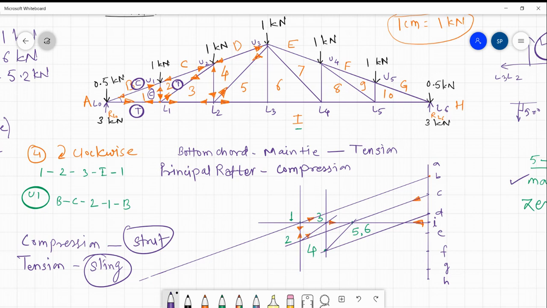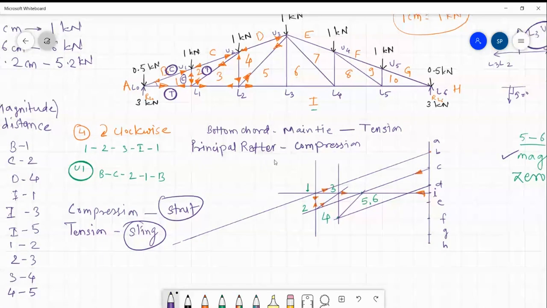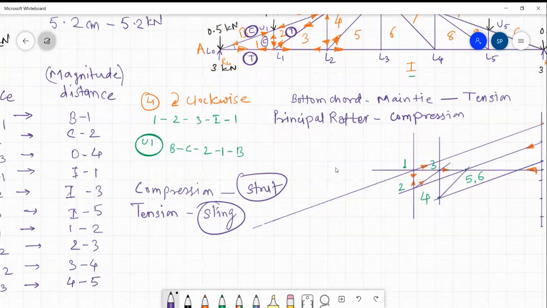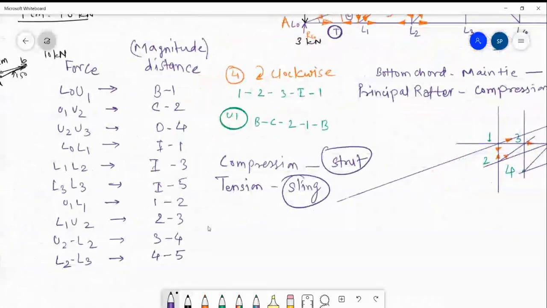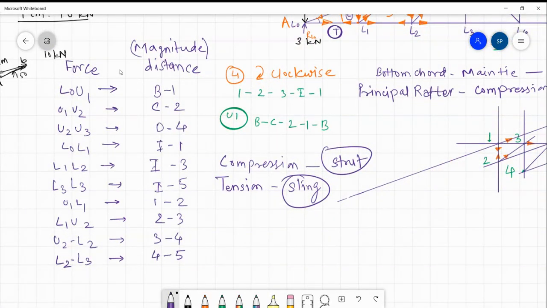So friends, this is how you are expected to analyze the truss graphically. Hope you are following me. It's clearly understood from this how to find the magnitude. For finding the magnitude, you have to find the distances between Bow's notations in the vector diagram.